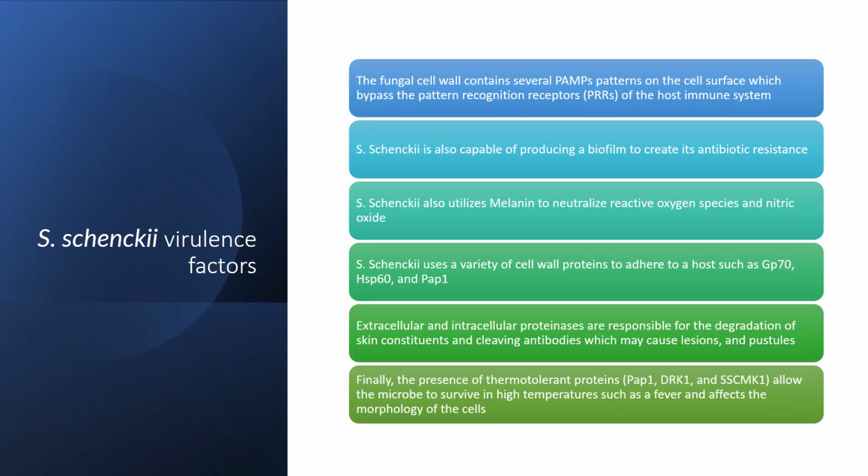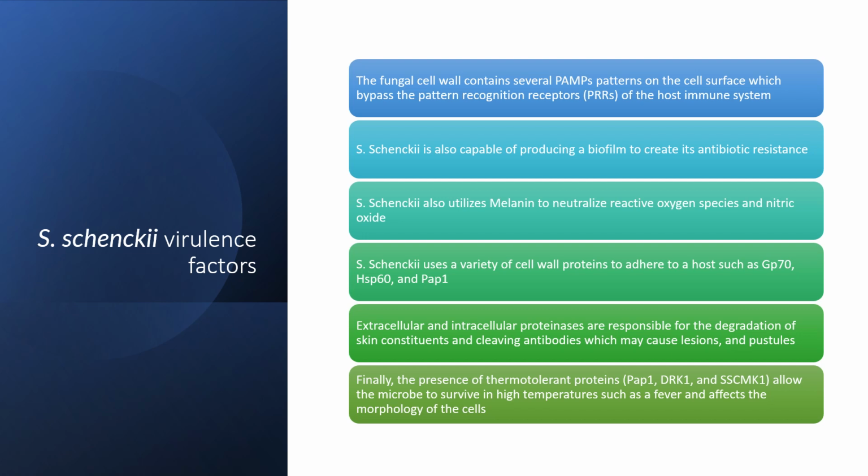S. schenckii has several notable virulence factors, one of which is a fungal cell wall containing several PAMP patterns, which allow it to bypass a host immune system by fooling the pattern recognition receptors that are searching for any viruses or invaders.